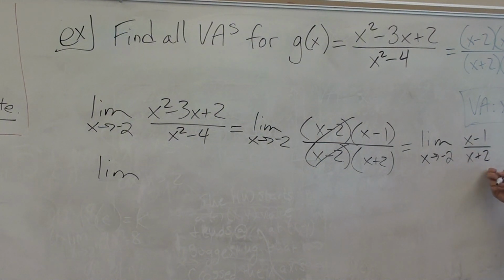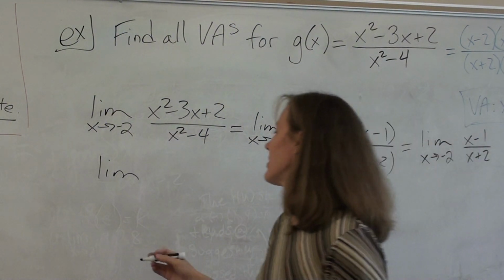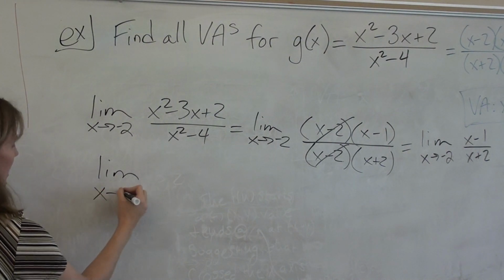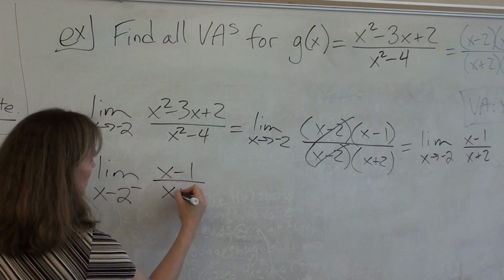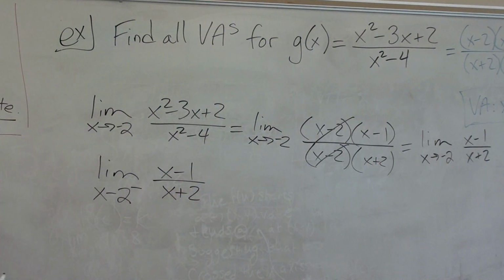All right, so now we're trying to find this. So I'm going to find the limit as x approaches -2 from the left of x minus 1 over x plus 2. Now, I'm going to start this by saying this is not a piecewise function. This is a standard rational function.